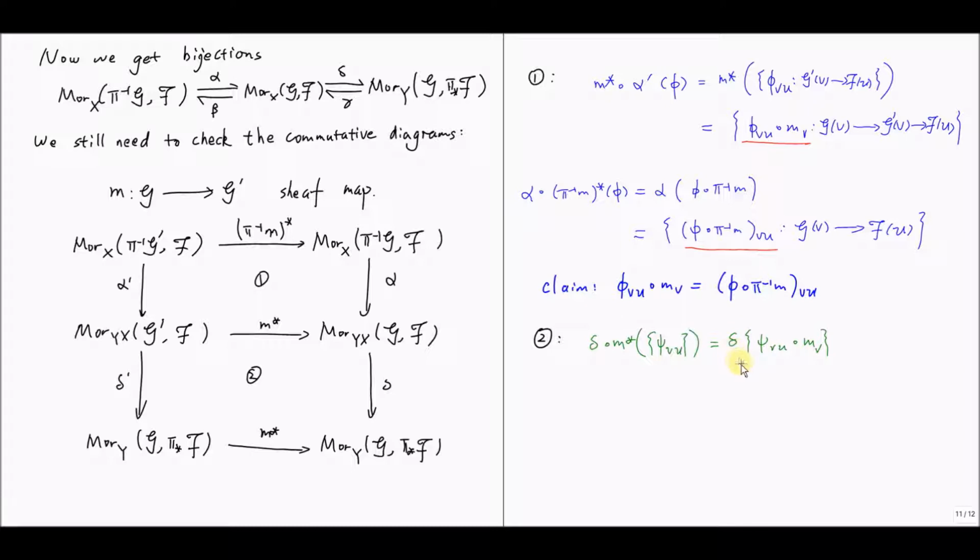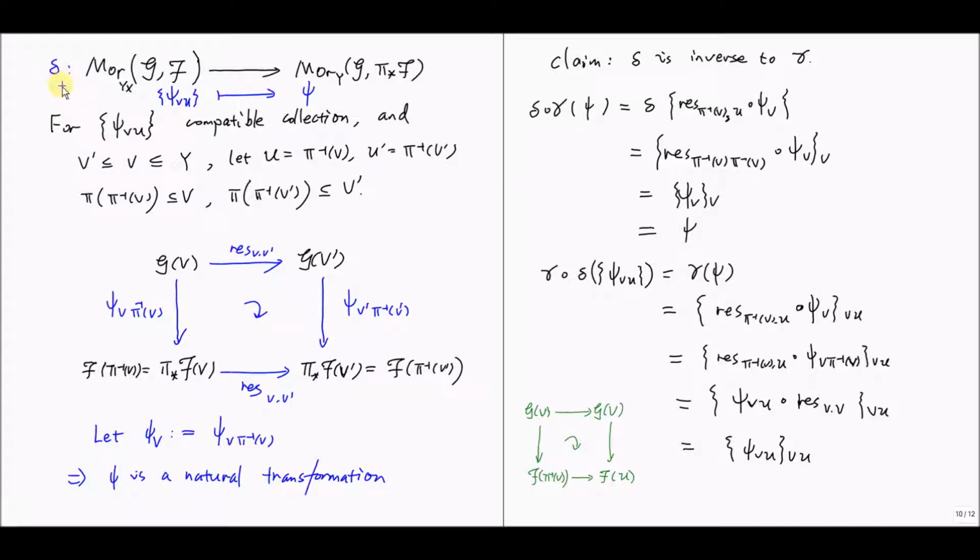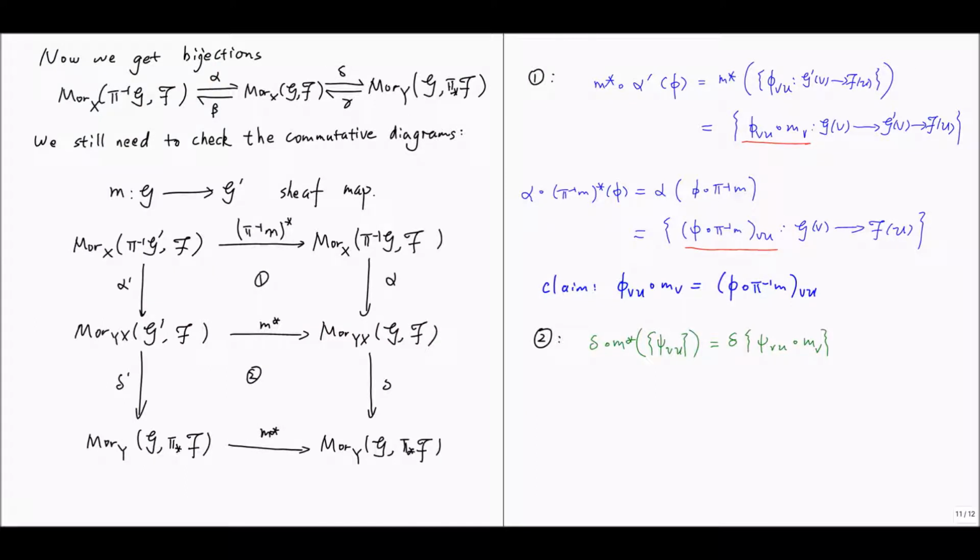What is delta of this collection of compatible maps? Here's the definition for delta. It will send a compatible collection of maps to a sheaf map from G to a push forward. And this psi is defined by letting the open subset U in X be pi inverse of V. Let's forget about the details in this definition. For the moment, let's just denote this guy psi tilde.